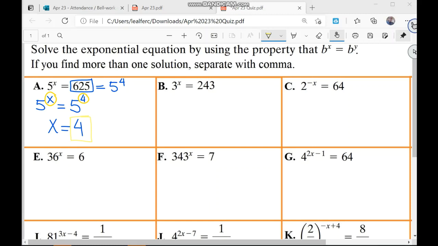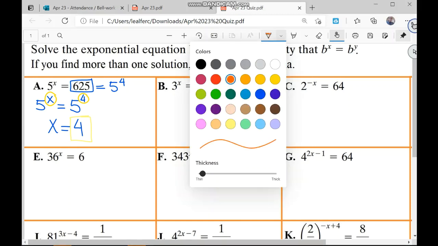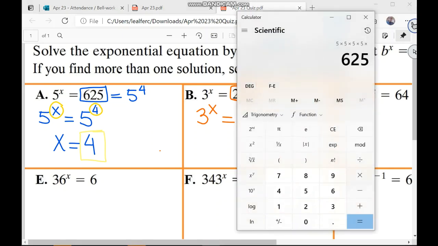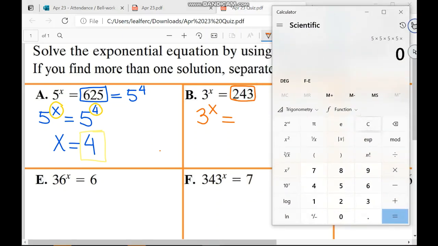For letter B, let me choose another color. Check this out. We have 3 exponent x equals, we need to try to represent 243 using base 3. If you're not sure, you can always bring your calculator and try this. 3 times 3 times 3 times 3 again times 3 again. 243.